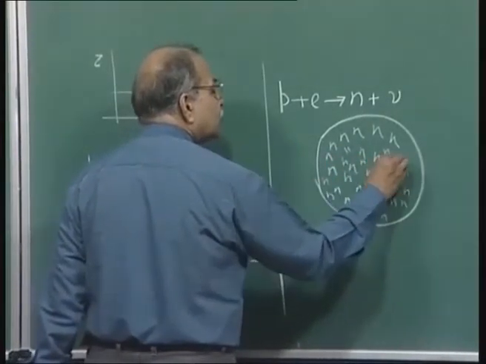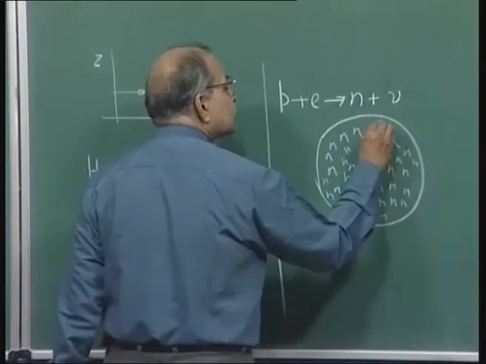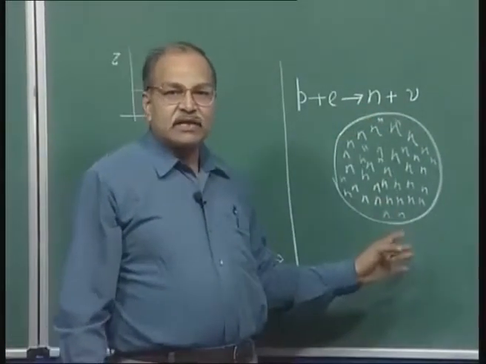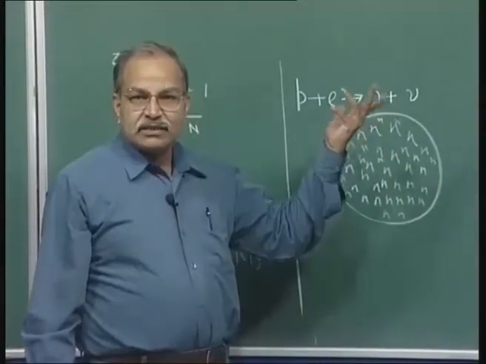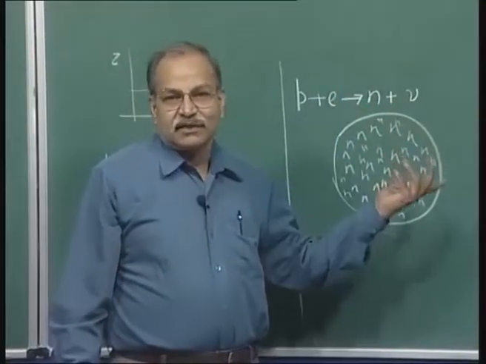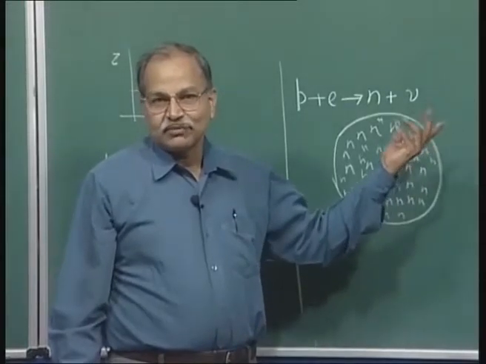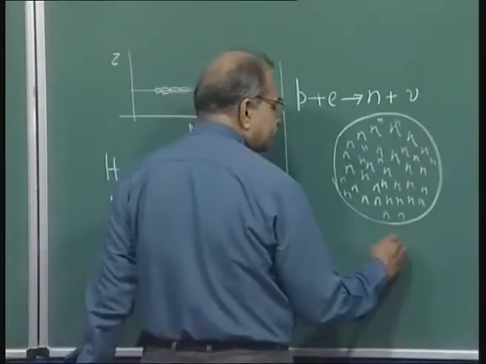So, mostly you have neutrons only. How many neutrons do you think it would be here? Once it is a neutron star, the mass is of the order of the mass of the sun, or a little larger than that, 1 or 2 solar masses.